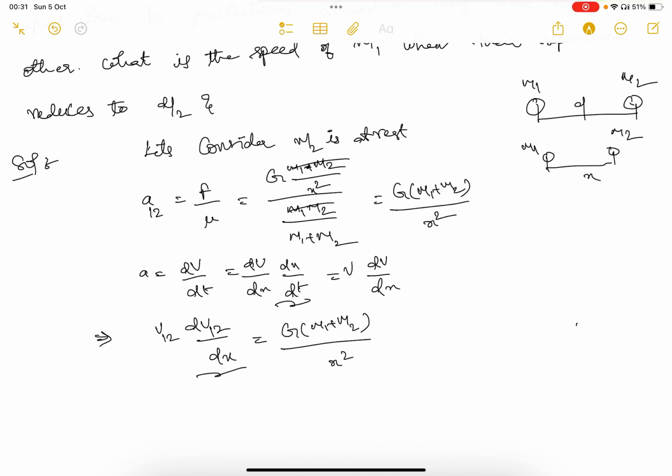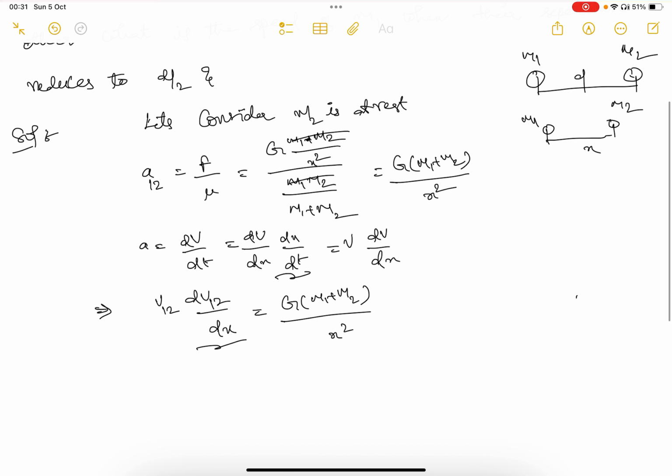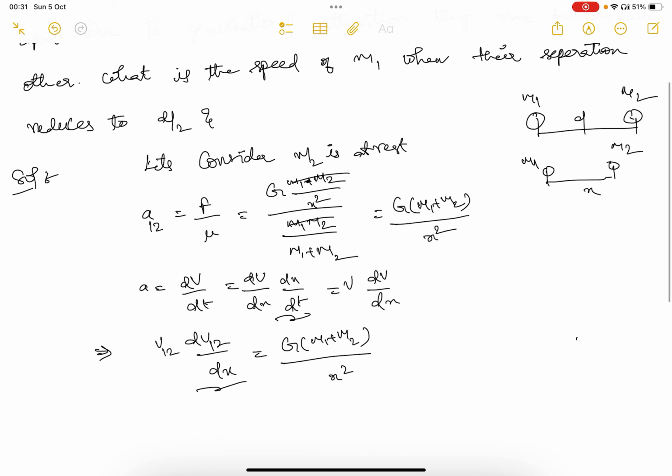As you can see at the beginning, the distance between these two bodies is d. As time passes, because of the gravitational attraction between these two bodies, potential energy decreases, kinetic energy increases, which is v square increases, right? Then velocity increases, but the separation between these two bodies is getting decreased.